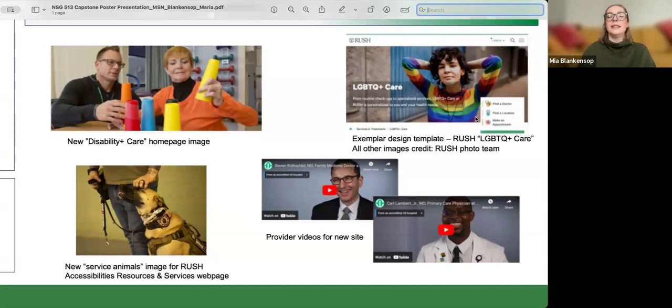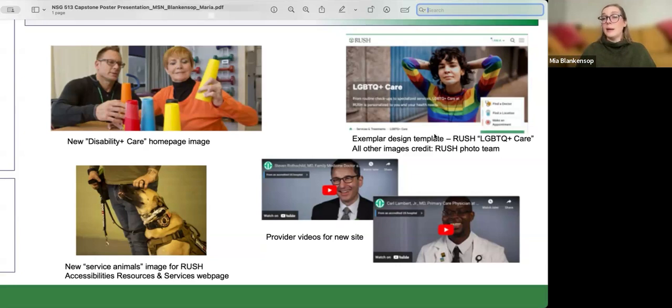This Disability Plus Care webpage was inspired by the already existing Rush LGBTQ plus care webpage. And we thought that this was a great analogous population. There are also, of course, some patients that overlap with this community as well. But what we liked about this LGBTQ plus care webpage is that it was everything comprehensive about treating a patient from the LGBTQ plus community.